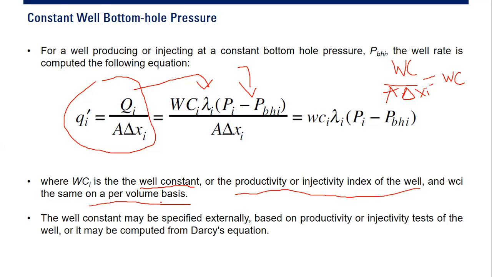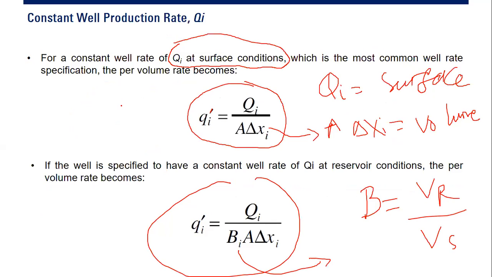Okay, that's if you have constant bottom hole pressure. So this one becomes constant, PBHI, pressure bottom hole. Jika itu constant, kita bisa menyatakan flow rate term seperti ini. Previously the constant one is production rate, so we can use this form.